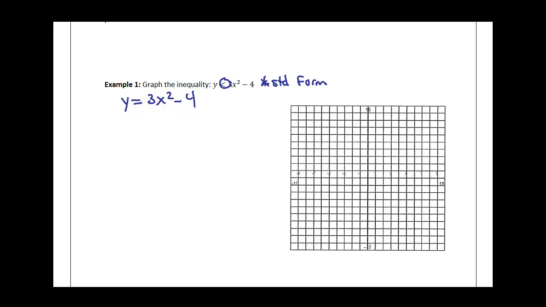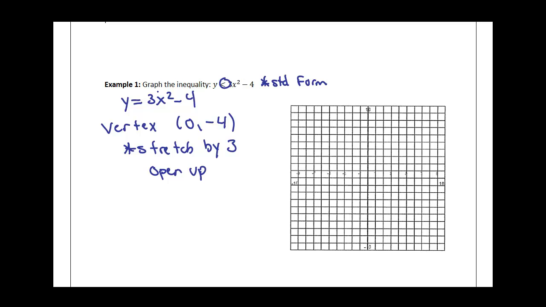From what we remember in Unit 4, we have a vertex at 0, negative 4. It's going to stretch by a factor of 3, and it's opening up because it's positive.